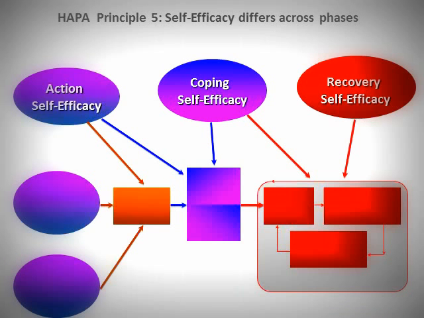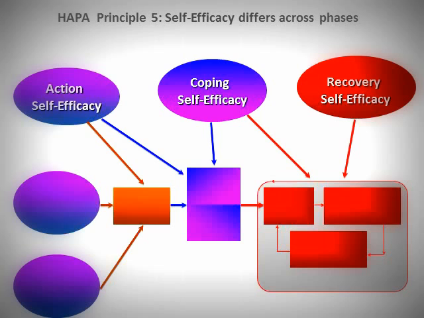There are more mediators. Principle 5 says, perceived self-efficacy is required throughout the entire process, however it differs from phase to phase. This is because there are different challenges as people progress from one stage to the next one. Goal setting, planning, initiative, action and maintenance pose challenges that are not of the same nature.